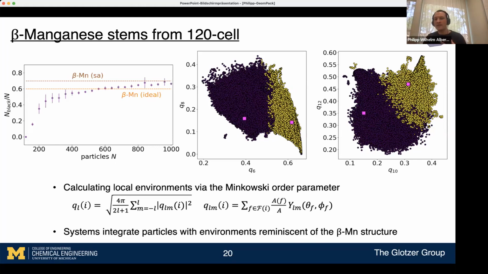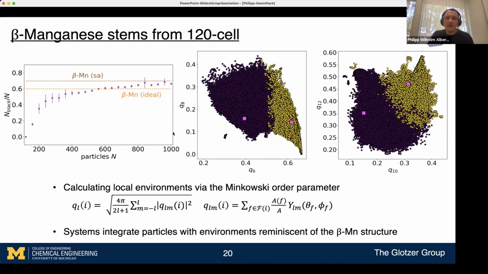By plotting this, we can see that they start with all the particles closer to the 8D Wyckoff site, and then it slowly converges to a region which we would assume from a self-assembly, the ideal ratio of these two environments in beta manganese, which is, I think, 12 to 8.